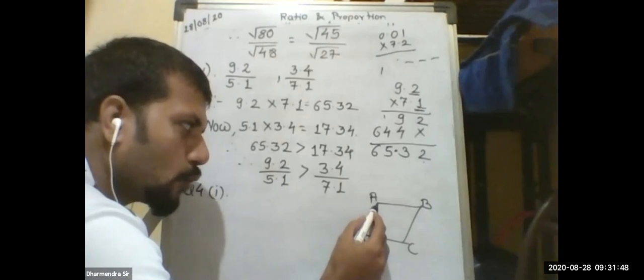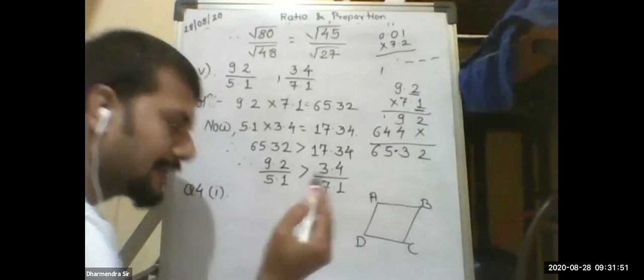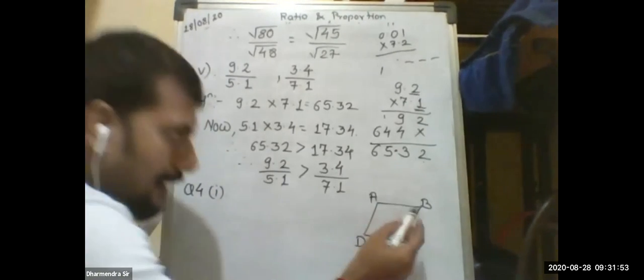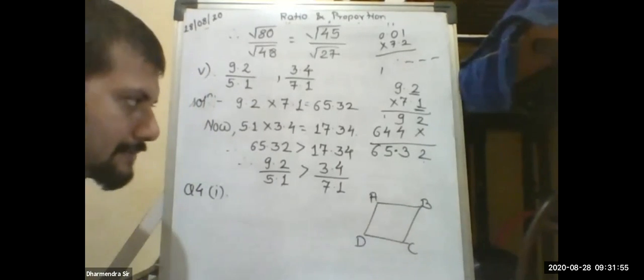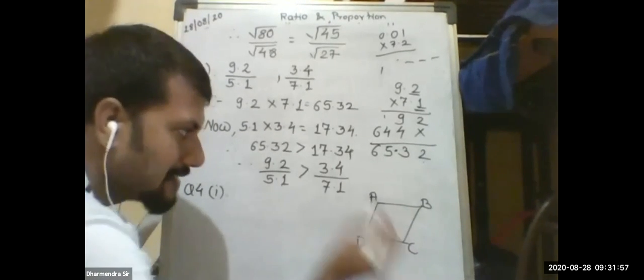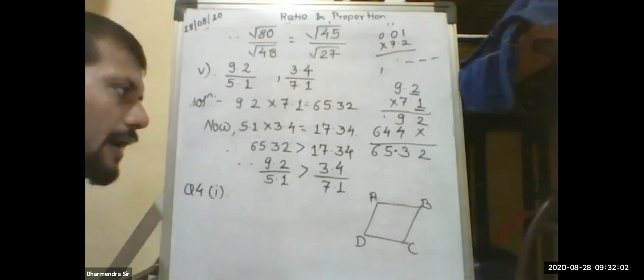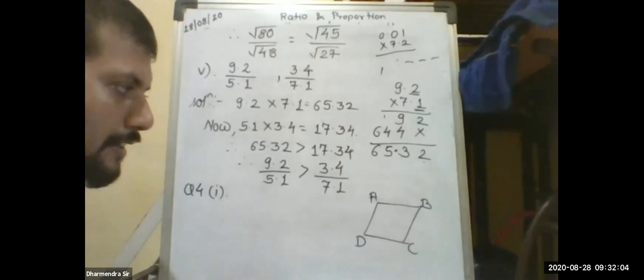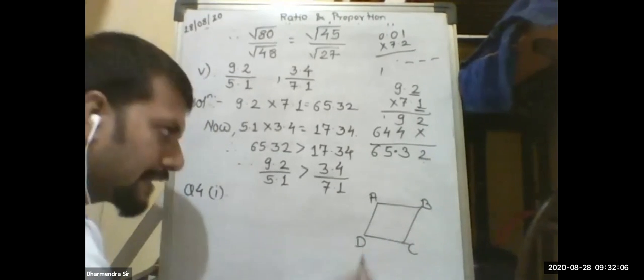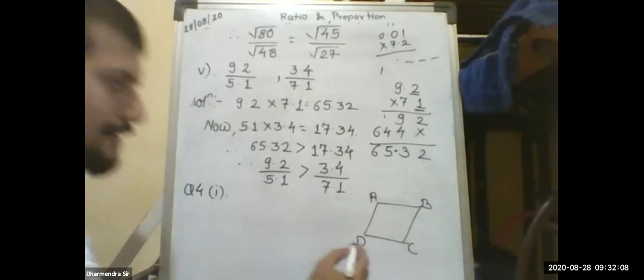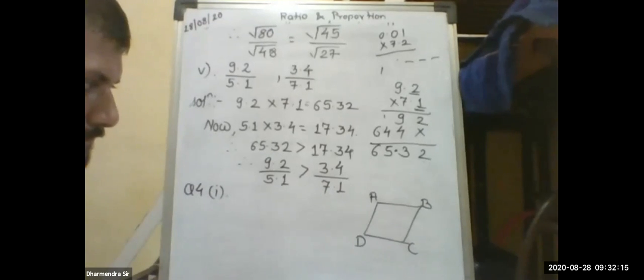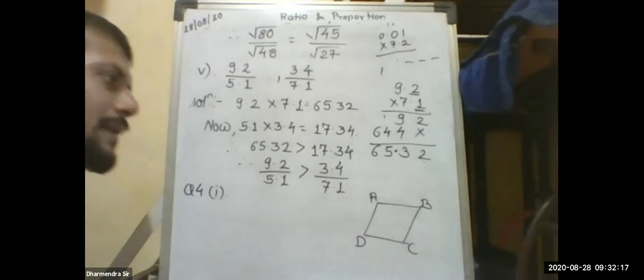Angles adjacent to A are B and D. Angles adjacent to B are A and C. Angles adjacent to C are B and D. Angles adjacent to D are A and C. D and B are not adjacent. A and C are not adjacent. And similarly, as I've told you, what is adjacent to what.